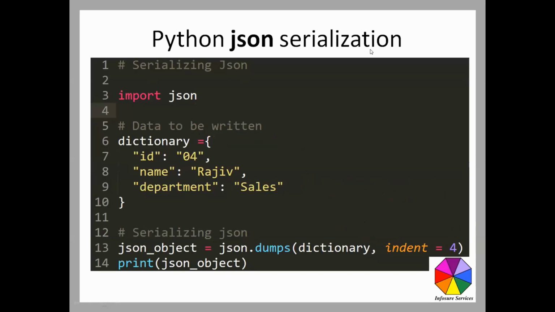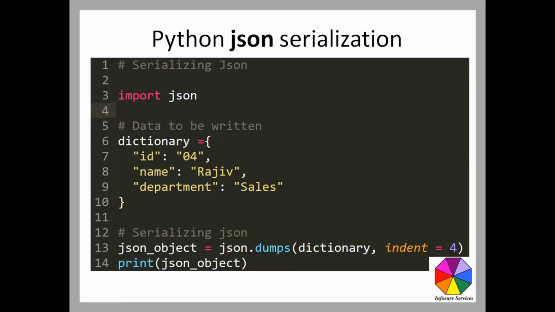The other way, from the Python dictionary into a string, is where the data can be transferred from one system to another. Like we looked at the example of a student school system where student data is transferred from the school system to a healthcare system.